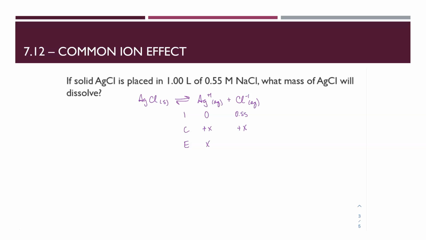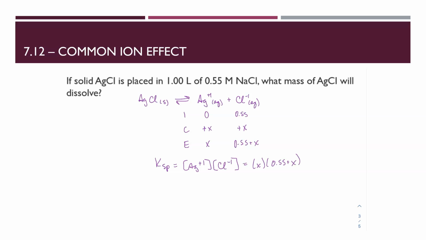So at equilibrium, our silver concentration is going to be X. Our chloride concentration is going to be 0.55 plus X, so it already exists plus some amount X. When we write our Ksp expression, we're going to look at the concentration of silver times the concentration of chloride, and at equilibrium, this is X times (0.55 plus X).